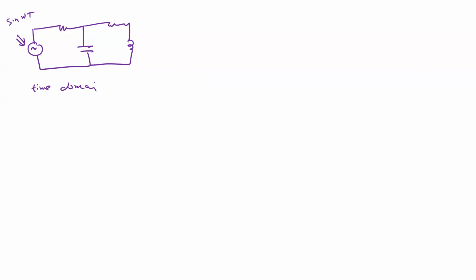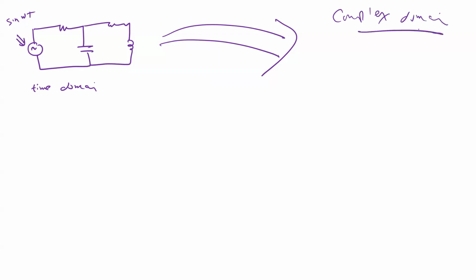So what we will do is, instead of doing the calculations in the time domain, I'm going to transfer this to what we call the complex domain. In the complex domain, every source has to be converted.